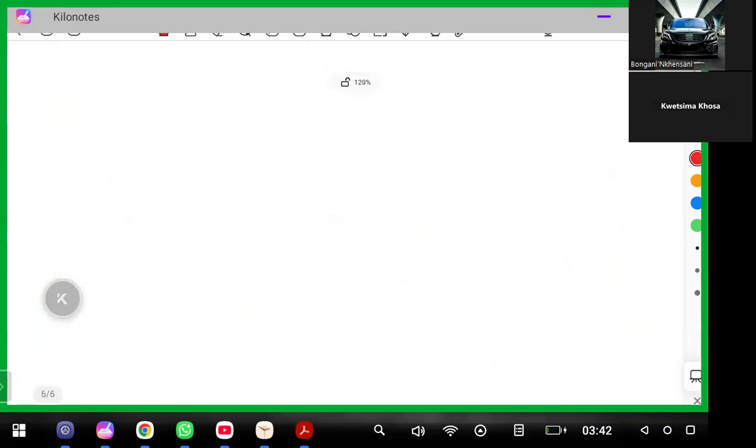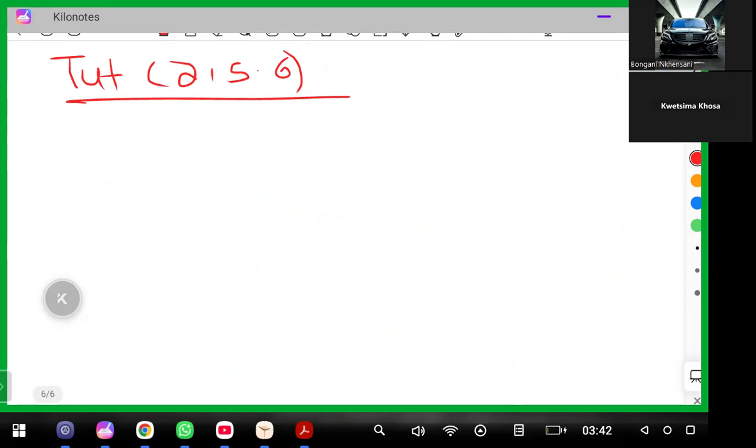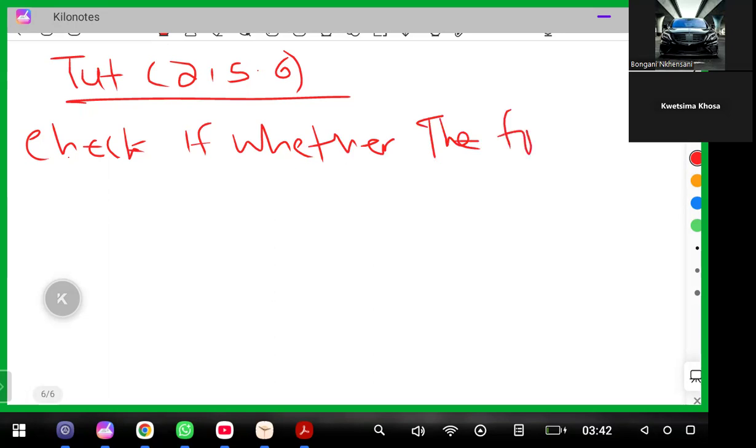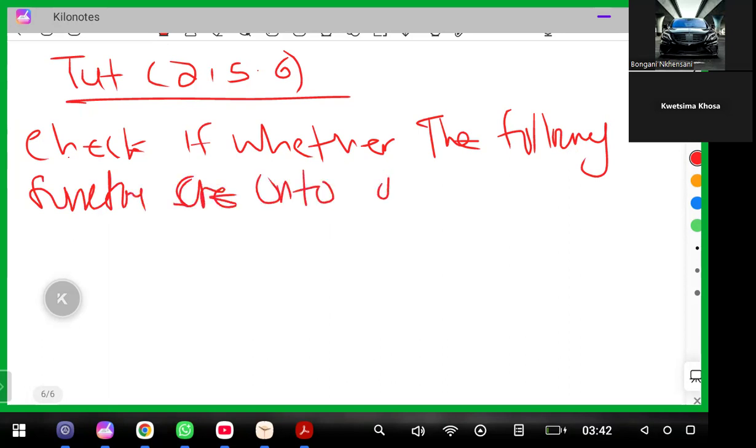Then let's go to the questions that are in our tutorial 2.5.6. I'll just be writing them here. They wanted us to check whether the following functions are onto or one-to-one.